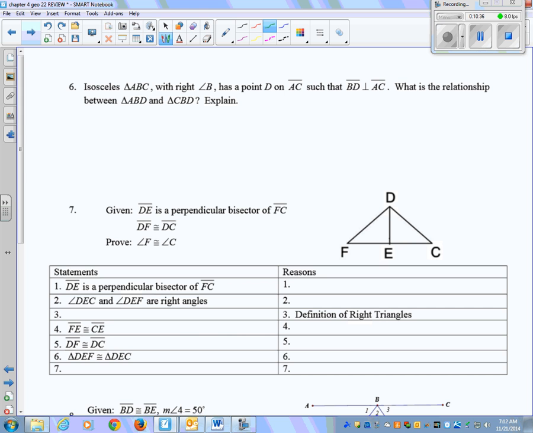Perpendicular means it forms a right angle with AC. The relationship between triangle ABD and CBD would be that they're congruent. This is an isosceles triangle. This is reflexive. They're congruent by HL.